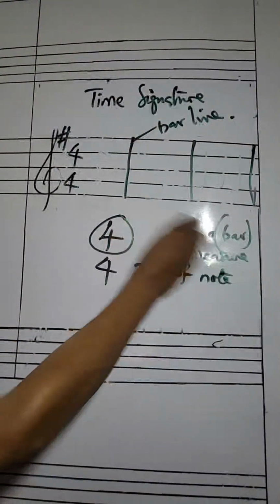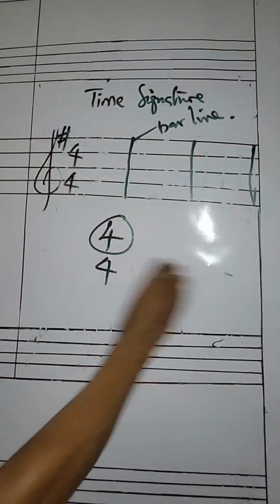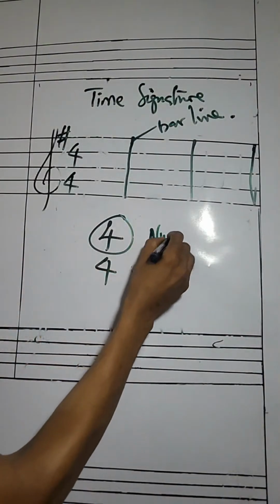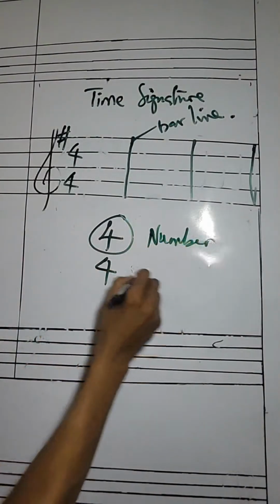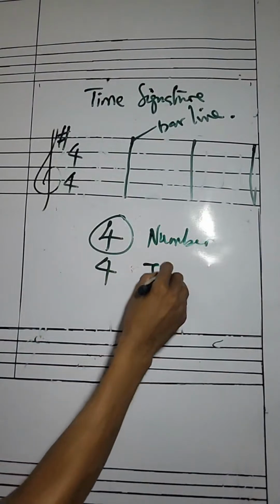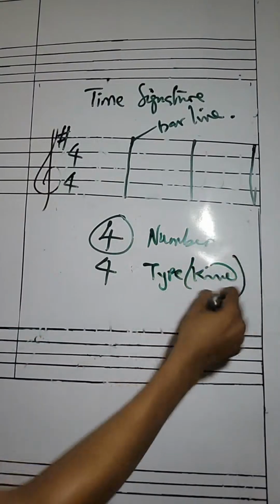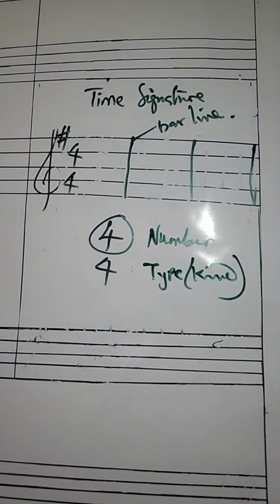In a short form, I used to tell my students this top note, number of beats, and this one, type of beats, or you can say kind of note, kind of beat. Type and kind, they are the same thing.